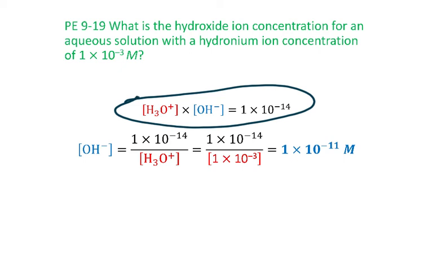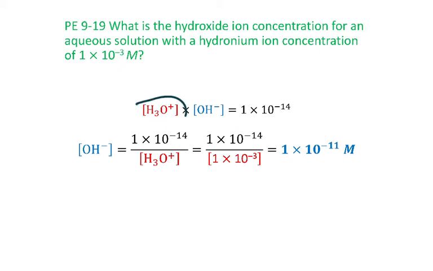Right, we're solving for hydroxide, but H3O plus is known, so we can divide both sides by that, which gives us OH minus alone equal to 1 times 10 to the negative 14 over H3O plus. Plug in the value that we have, and it's 1 times 10 to the negative 11.